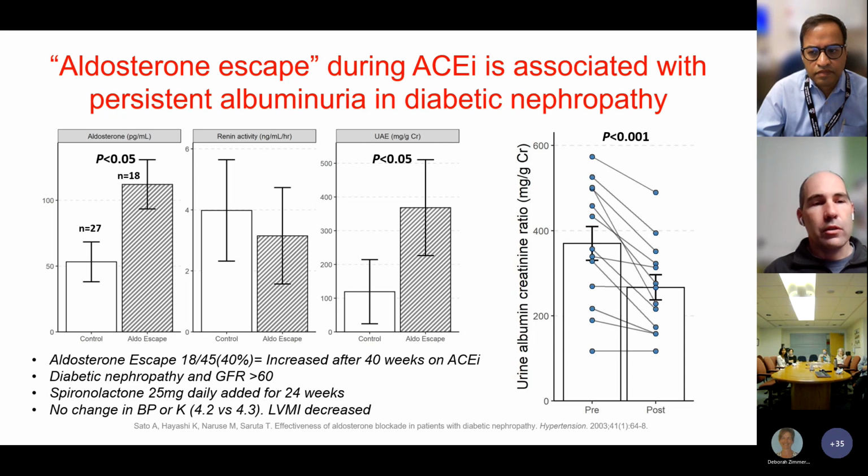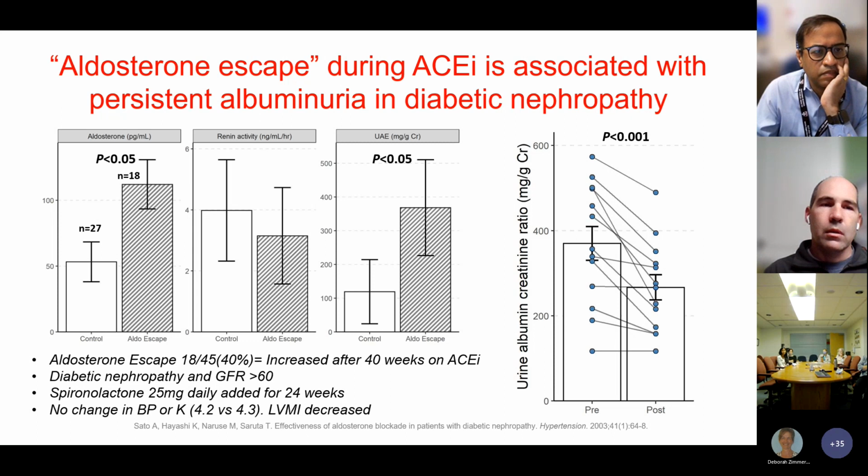So other studies came along, and the next one that really pointed that this might be effective is looking at people with aldosterone escape. Now, this is not going to go too much into all the terminology, but in this paper, they're talking about people that you start on an ACE inhibitor, you should get a drop in serum aldosterone concentrations.